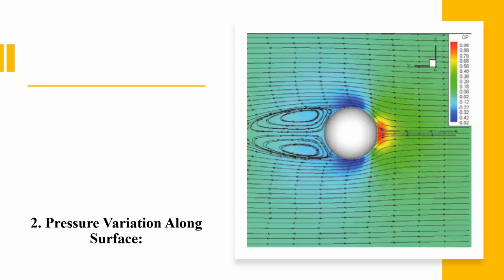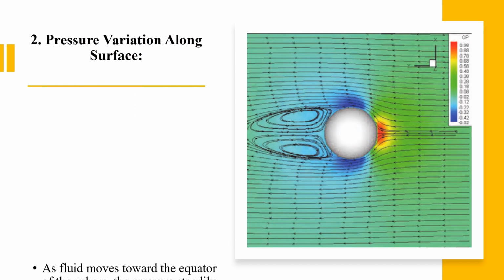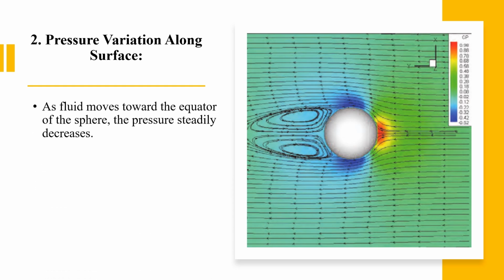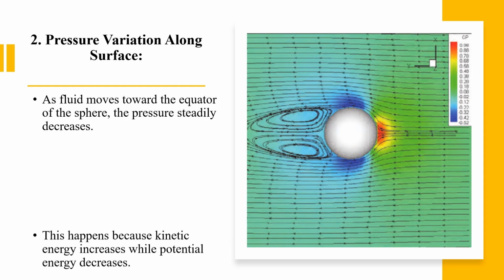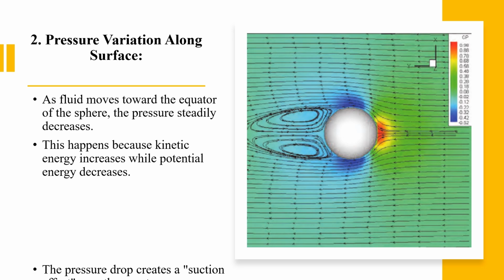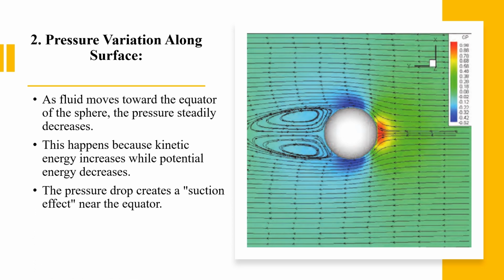As the fluid moves around the surface of the sphere, its pressure steadily decreases. This is because as the fluid moves faster, its kinetic energy increases, which causes a drop in pressure. The lowest pressure occurs at the equator of the sphere.